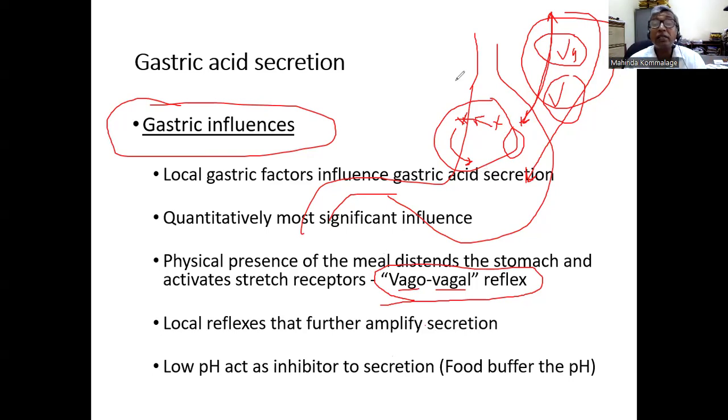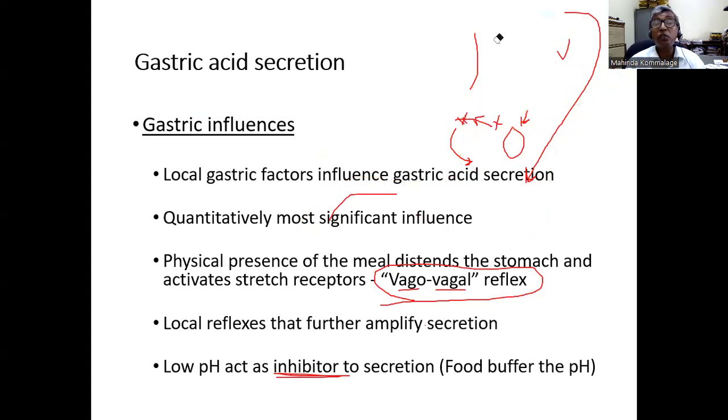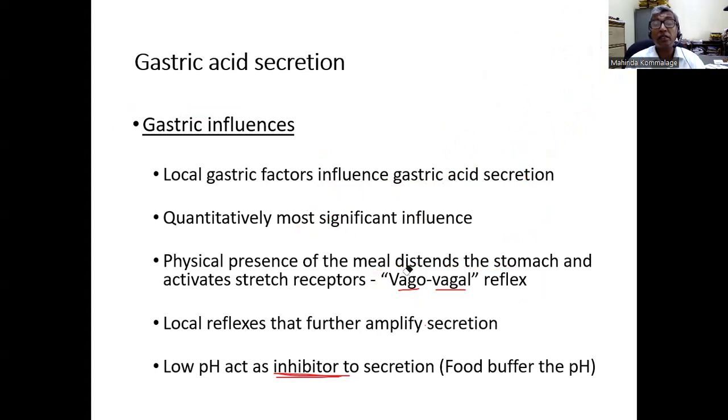So the local reflex will operate in this manner and inhibit the acid secretion, that is also under the gastric influence, right? So gastric influence is the main influence for the acid secretion, which will operate locally as well as through the central reflex.